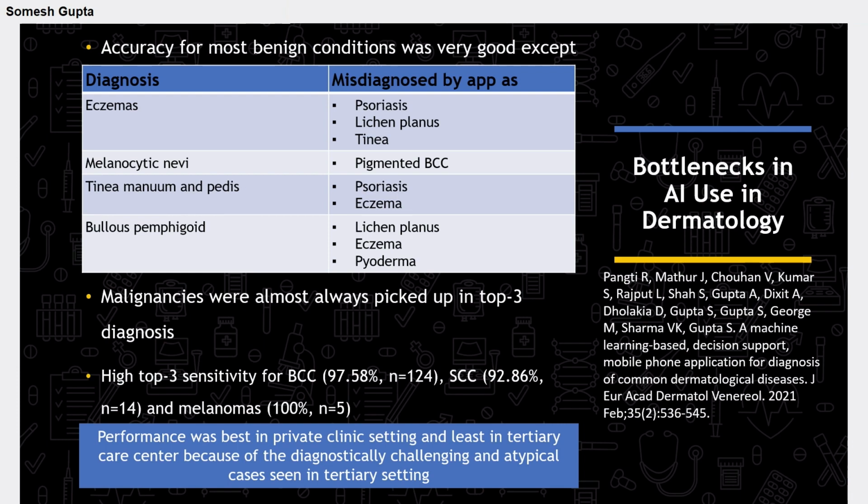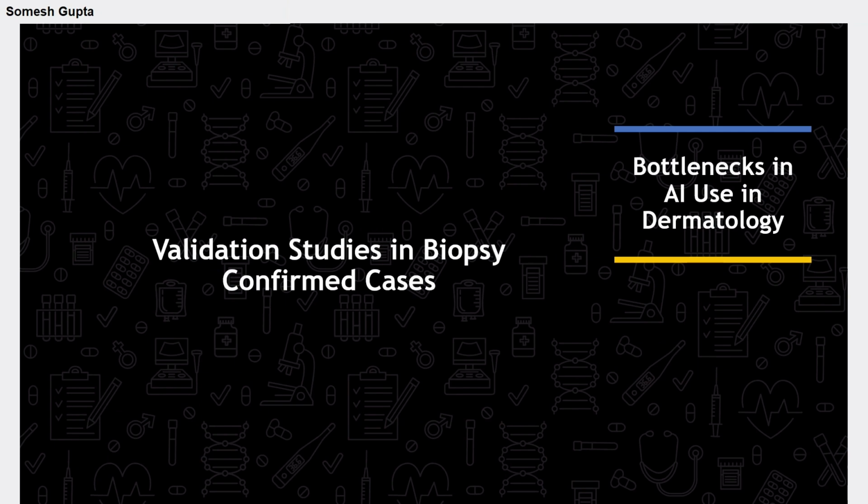Most importantly, the malignancies were almost always picked up in the top 3 diagnoses. So it's a good sign, even in case of skin of color.